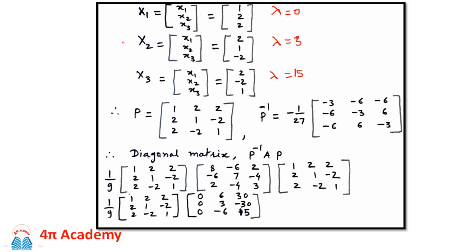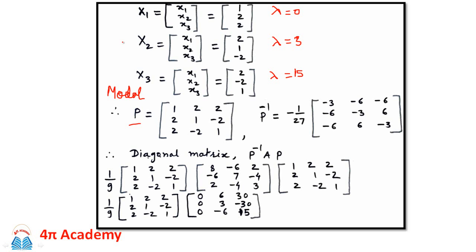So now this is our modal matrix P, and this modal matrix P is formed by grouping the eigenvectors. Here we group these eigenvectors simply as the columns of this matrix.